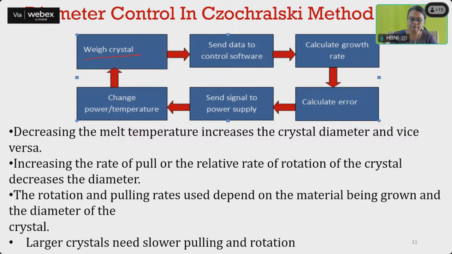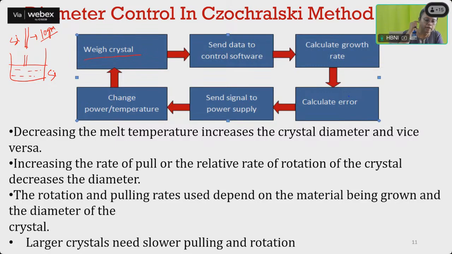So we have the seed, and we know the weight of this seed. Say it is 10 grams, or even less than that, 1 gram or something. Now it is coming and touching our melt. This is the melt, and we are taking the case of silicon only. This will come and touch here like this.